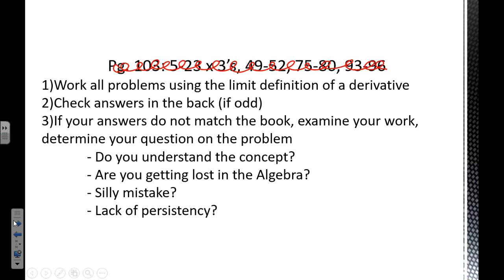If you're not getting the right answer, because I know that you are checking your answers in the back of the book, go back and check your work, okay? Make sure you're subtracting all of f of x. Make sure you are multiplying out correctly, okay?